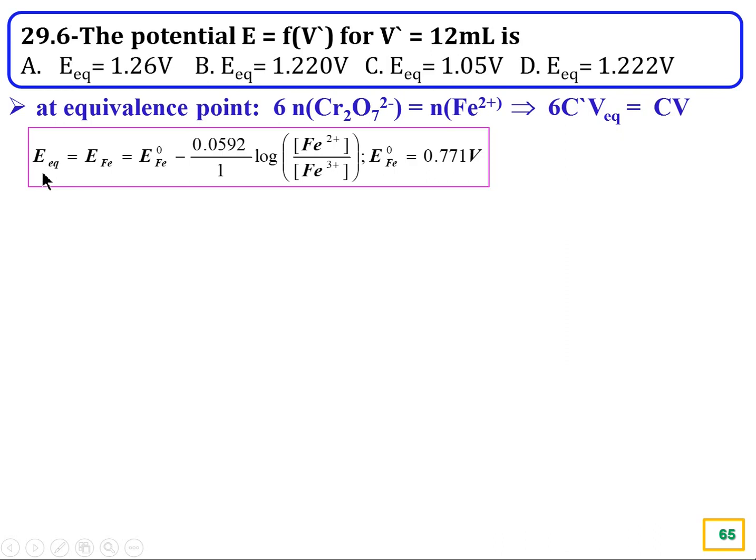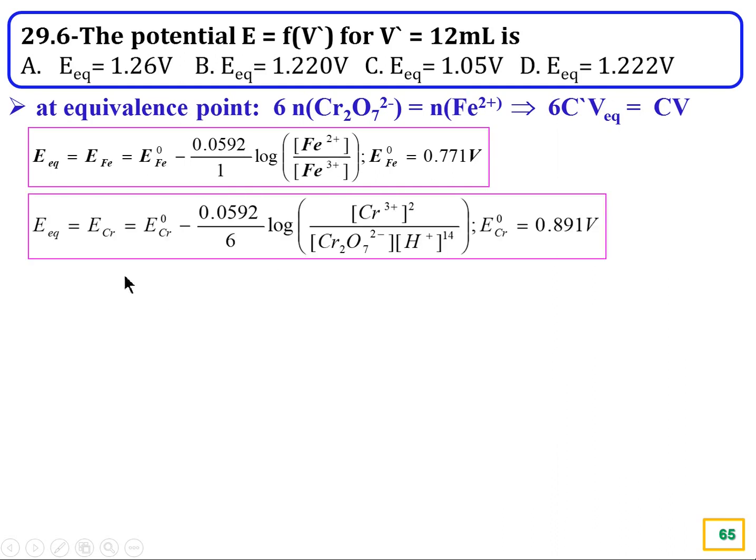The potential of the solution, or of the system, at equivalence equals E Fe equals E0 Fe minus 0.0592 divided by 1 log Fe2+ divided by Fe3+, and E is also equal to E of the chromium couple, equals E0 minus 0.0592 divided by 6 log ratio of the concentrations.